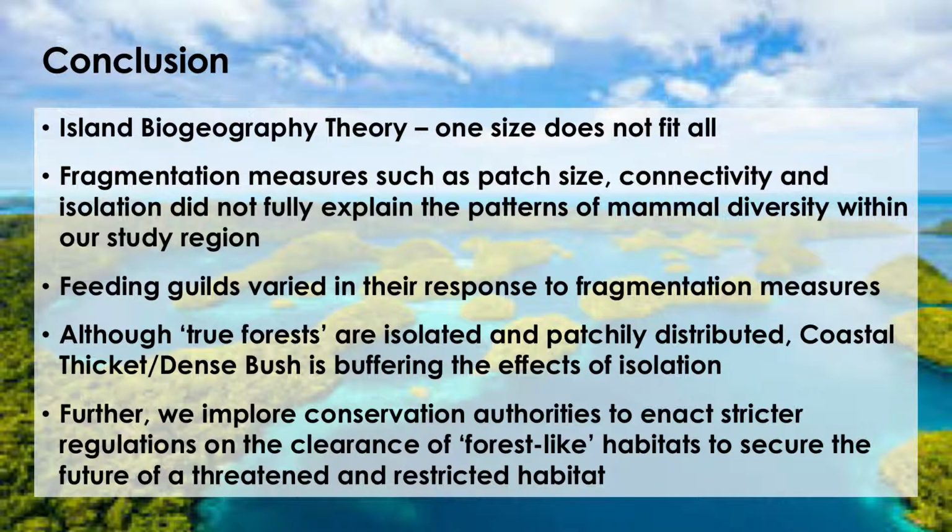Although our true forests, as I showed in one slide, are very patchily distributed, and can be considered habitat islands in a sea of modified landscapes, the influence of isolation is actually being buffered by thicket and dense bush. So these patches are actually creating corridors and stepping stones between our true forest patches.